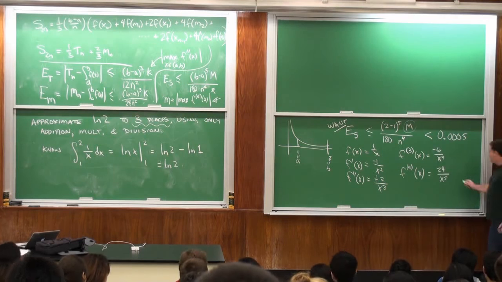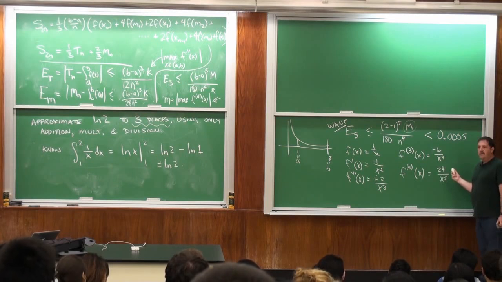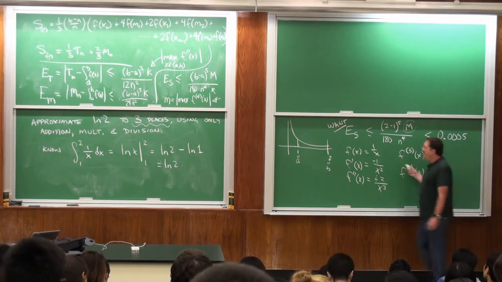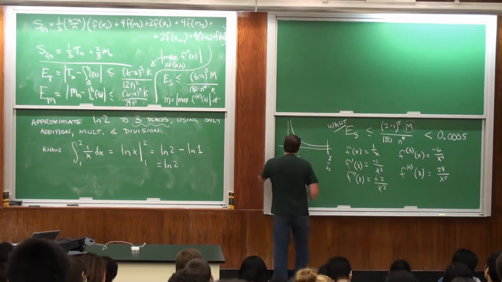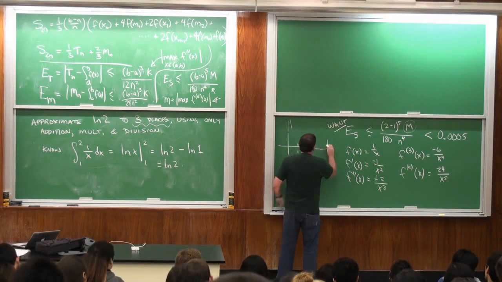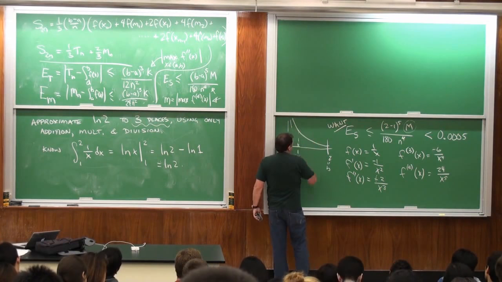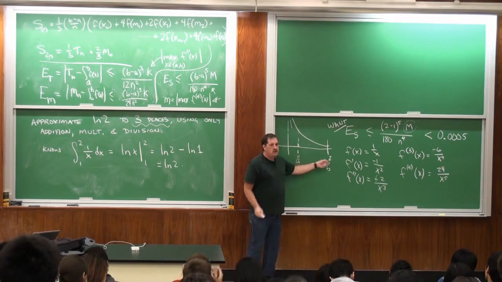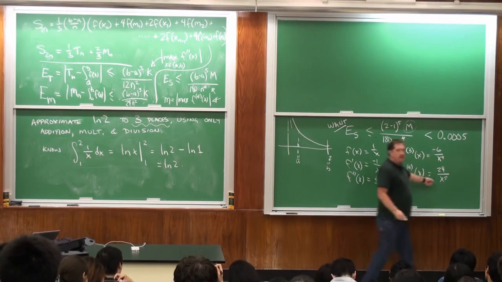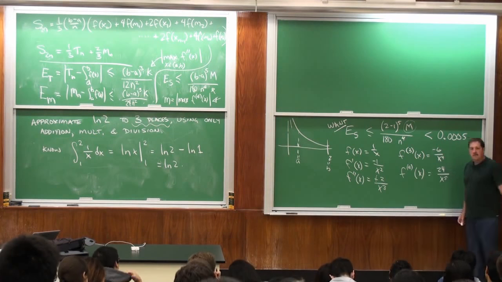And now, so this is a function, but I want a number. And I want the number here that makes this the biggest. The graph is a little screwy looking. I want the number between 1 and 2 that makes this the biggest in absolute value.